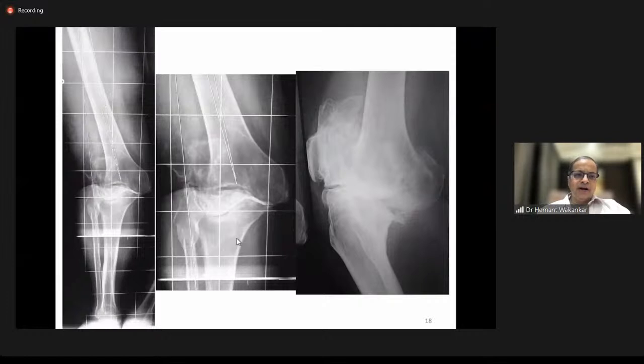Now, some more dramatic kinds of defects one may encounter in one's practice. If you look carefully at the lateral X-ray, that is the kind of tibial plateau one has. The defect is mostly posterior on the tibial side. A significant defect like this would possibly require the use of a constrained knee if need be, but it definitely needs a stem.